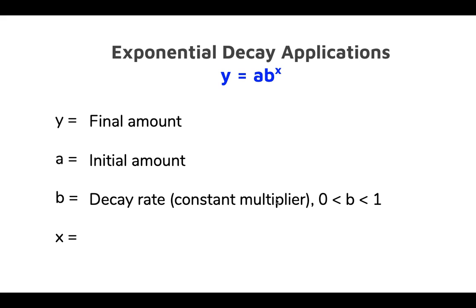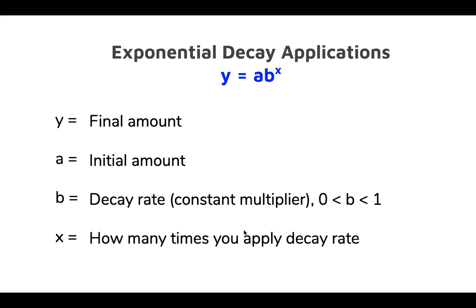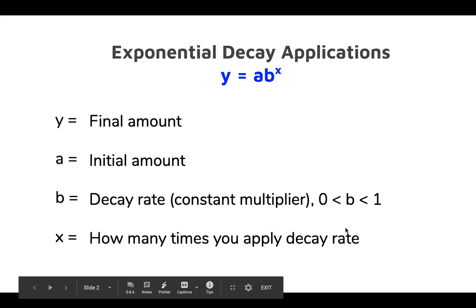And that's usually a percentage in these questions. Remember, if it's a decay, it has to be between 0 and 1. So if for some reason you're multiplying something that's not between 0 and 1, you know you've done something wrong when you're setting up the equation. And x, again, is how many times you apply the decay rate.